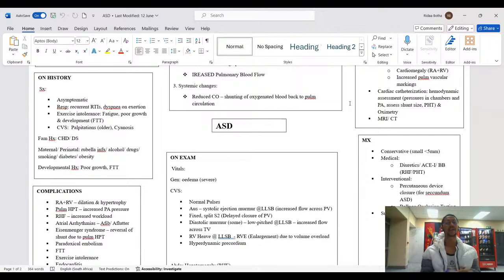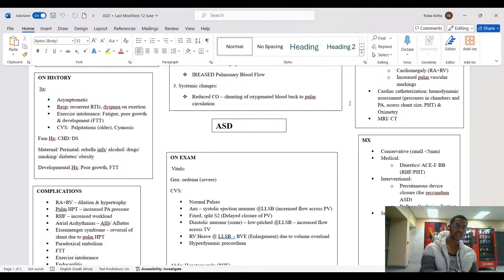I mean, the blood going towards the systemic circulation is quite well oxygenated. However, because of this increase in the pulmonary flow, increase in the blood into the pulmonary circulation, you can get pulmonary hypertension, and that could give you a pulmonary edema first, which could lead to recurrent RTIs, dyspnea on exertion.